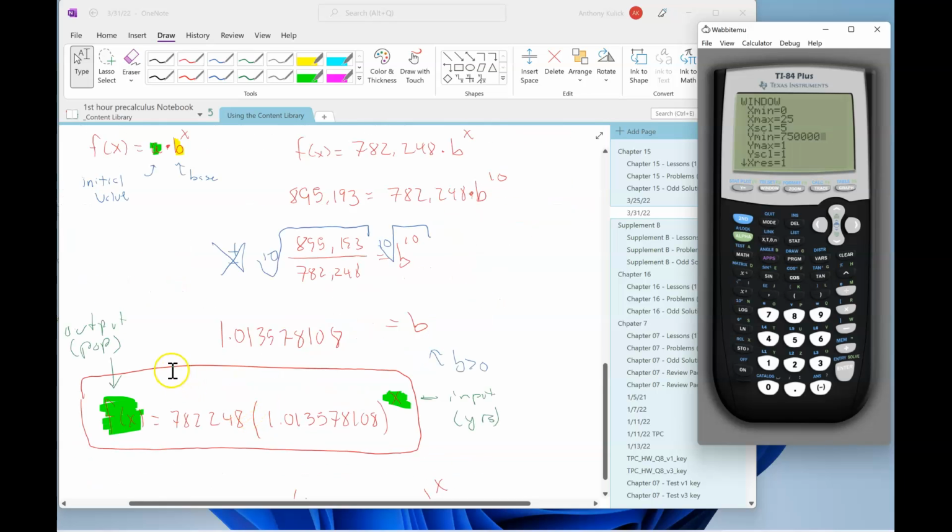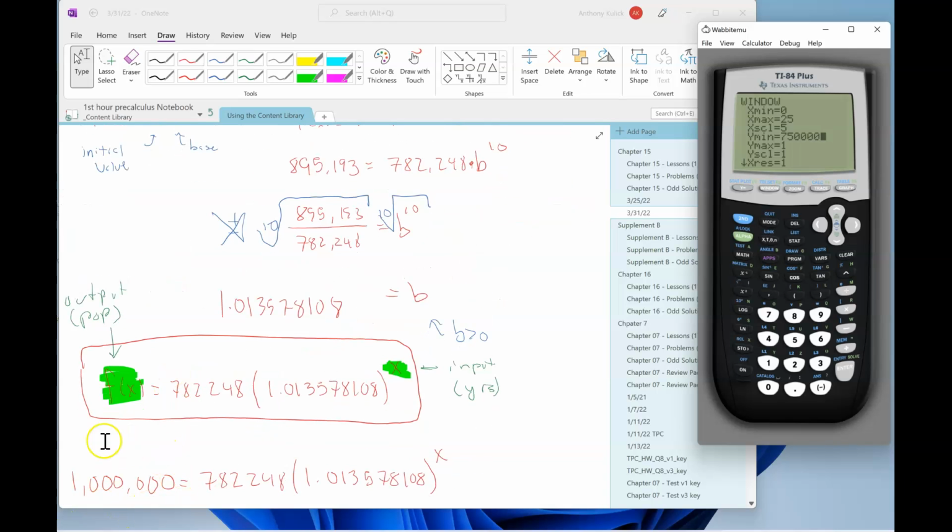And eventually the last y we need to consider is this 1 million. So I need to pick my y max to be something probably bigger than a million. Everybody's okay with that? I'm just going to pick 1,250,000 because it's kind of a round number. Everybody's cool with that? And then we'll go up by like, I don't know, 100,000s or something.